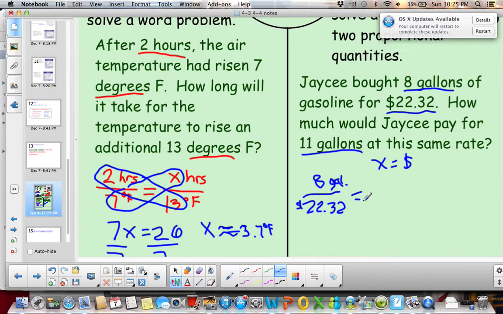Okay, I put gallons on the top. Now I'm trying to figure out how much for 11 gallons. So I'm going to put 11 gallons on the top of my other ratio, and then the bottom is going to be x.